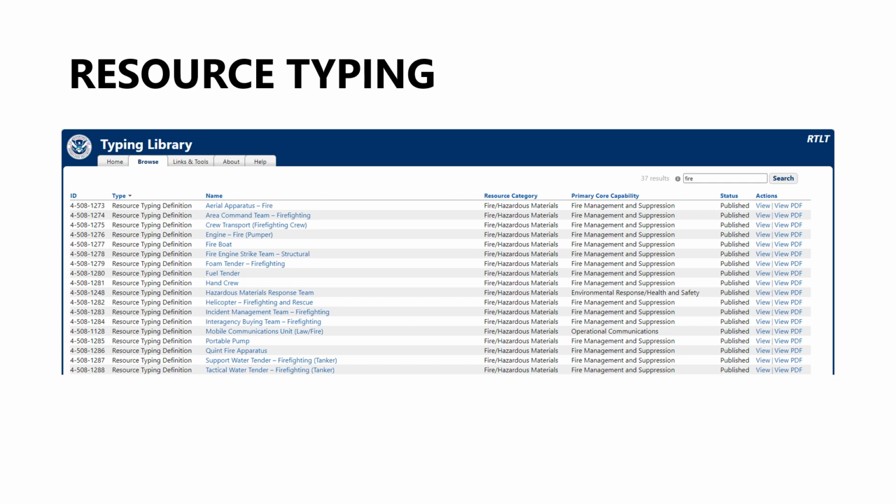So if we have a chainsaw, are we talking a very, very small chainsaw, which is only going to be $3.15 an hour, or a larger chainsaw? Now we're talking $3.50 an hour. So now we're talking, how are we recouping some of this cost for reimbursement? So resource typing is very important to understand.